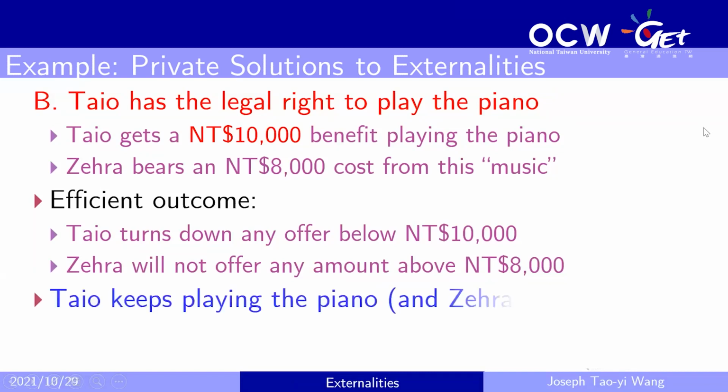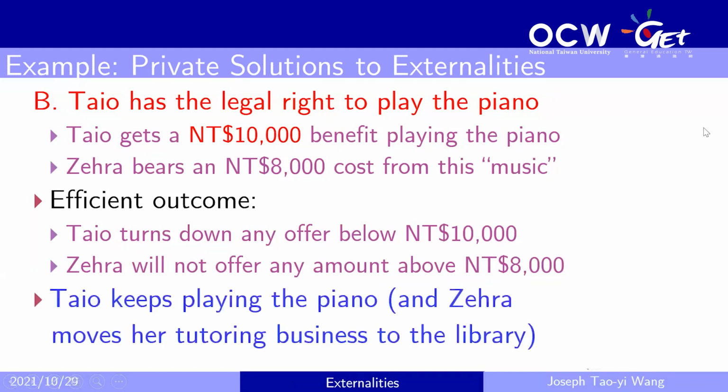However, Tao keeps playing the piano, and Zara has to move her tutoring business to the library. That is the efficient outcome, because the social benefit of Tao playing the piano is $10,000 and the social cost is only $8,000. So just letting Tao play, and Zara, sorry, you have to move your business, but that's fine.